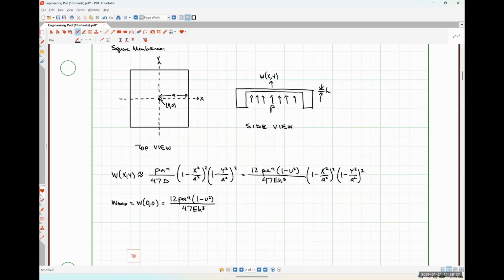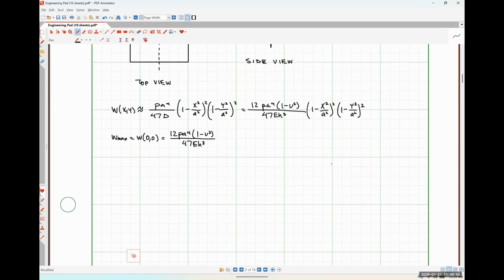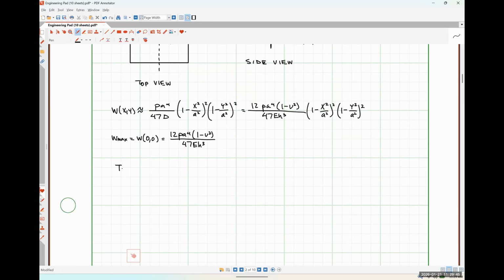In this case, we're going to have normal stresses in both the X and Y directions. And so let's say that we would have Txx as a function of X and Y. And this will look like plus or minus 24 over 47 PA squared over H squared.